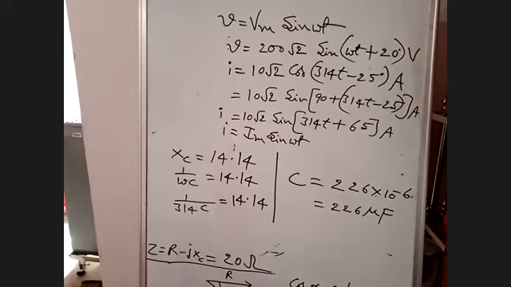Yesterday we determined R value and L value. Today we have determined R value and C value. Yesterday's problem is an inductive circuit. Today's problem is a capacitive circuit. That is the difference.